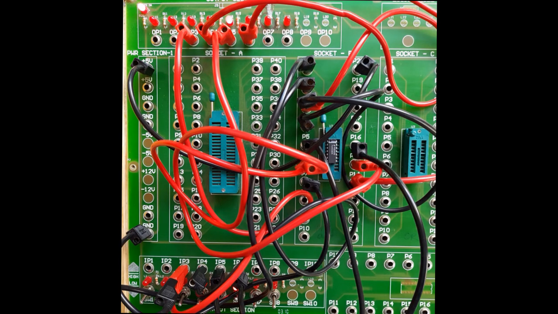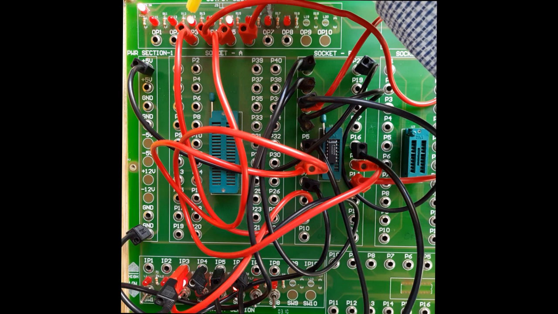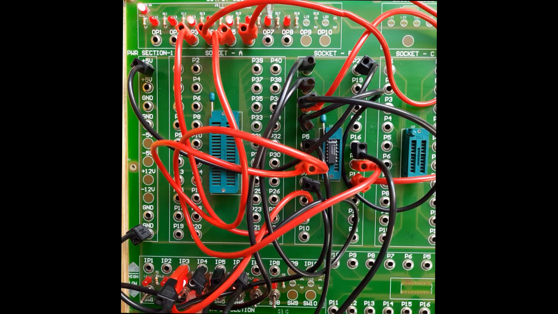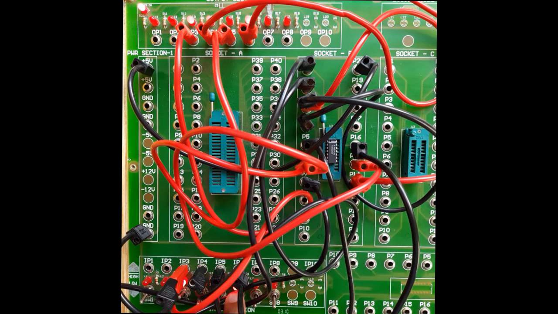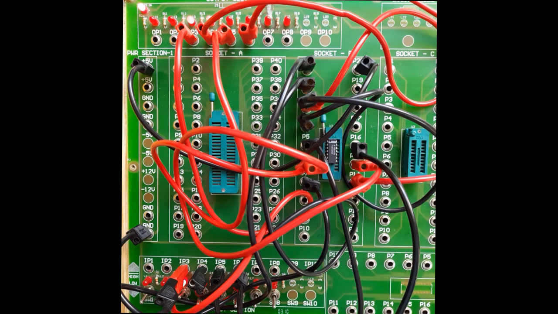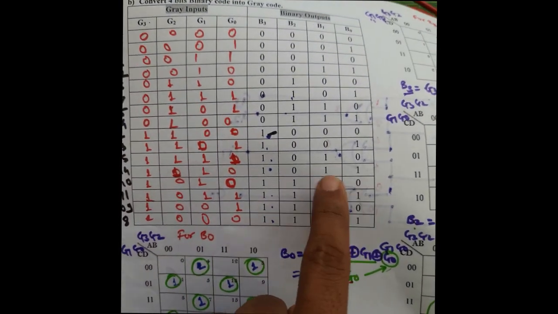Now I am applying all high inputs, G3, G2, G1 and G0, all are high. So your expected output is 1 0 1 0. Now if you consider 1 0 1 0 as an input, your output is 1 1 0 0. In this way you can apply all the combinations of gray code as input, and you will get the expected output.